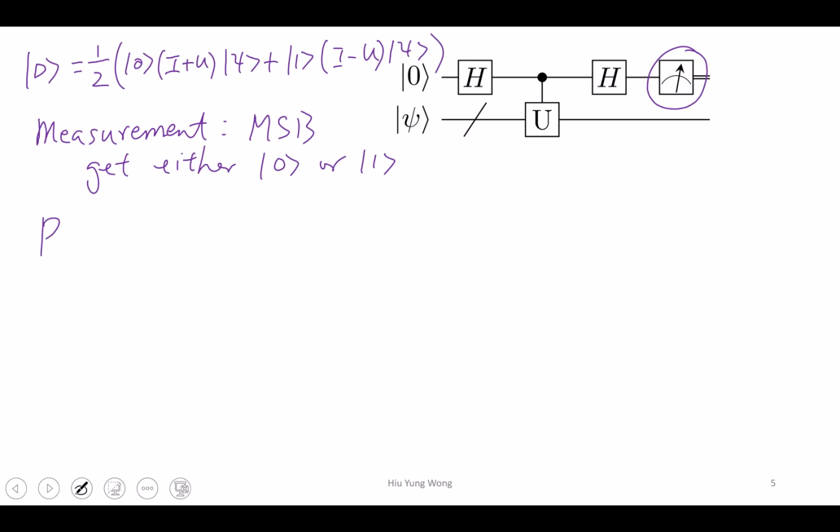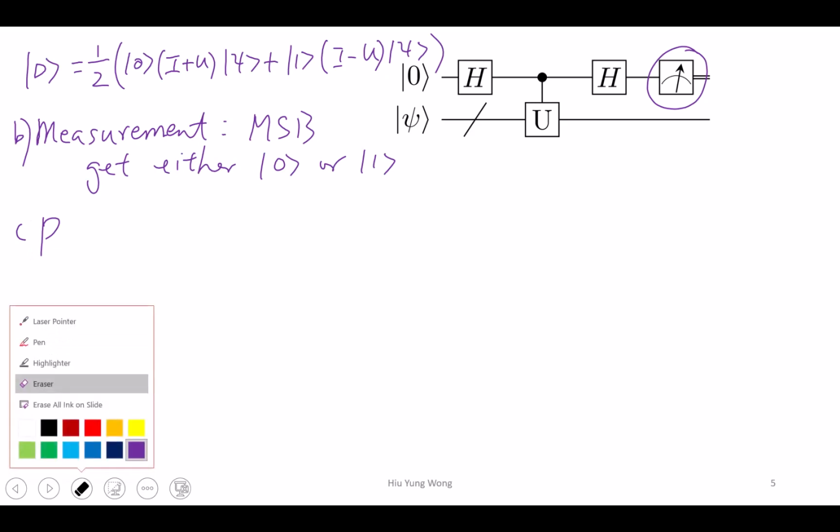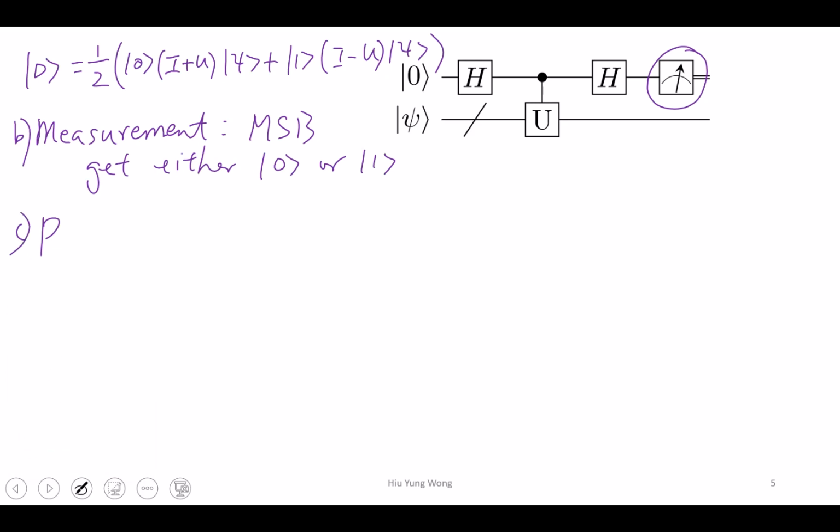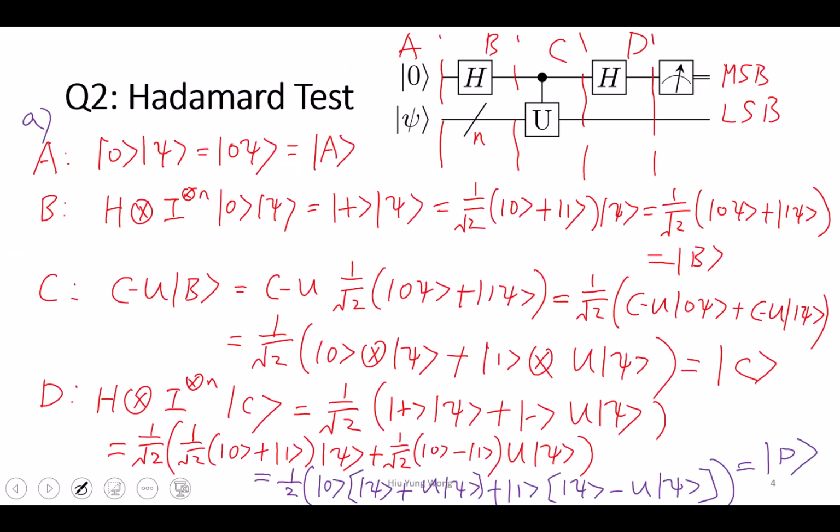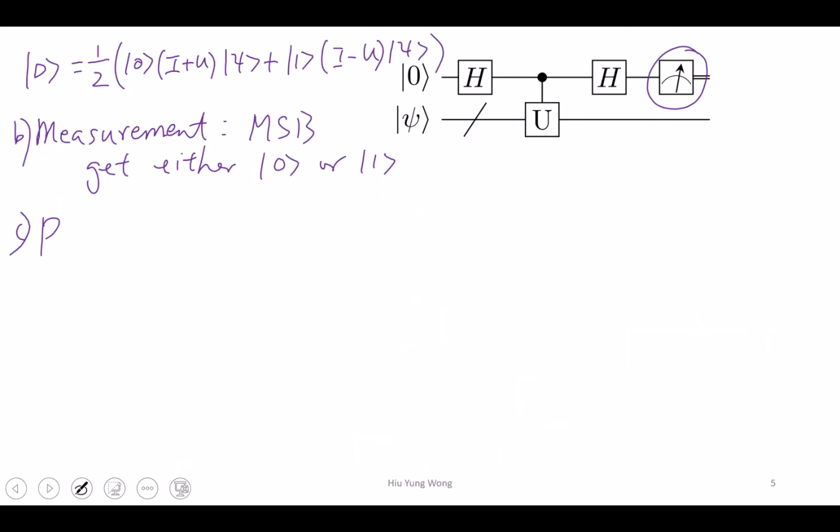So I think this is part B, and now this is part C, right? In the exam, in the midterm. And this is part A, right? So what is the probability of getting 0? We're going to use the projector, and that's why I gave you the equation. If you want to know the probability of getting a certain state, you use the projection operator.